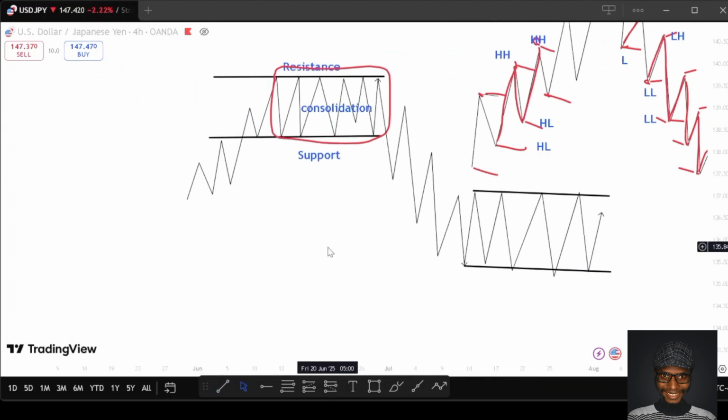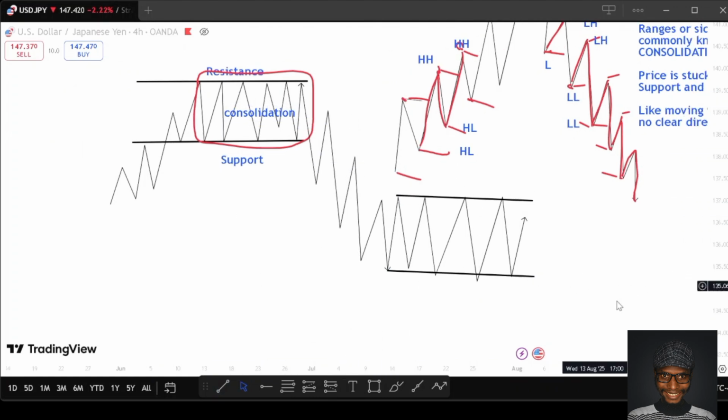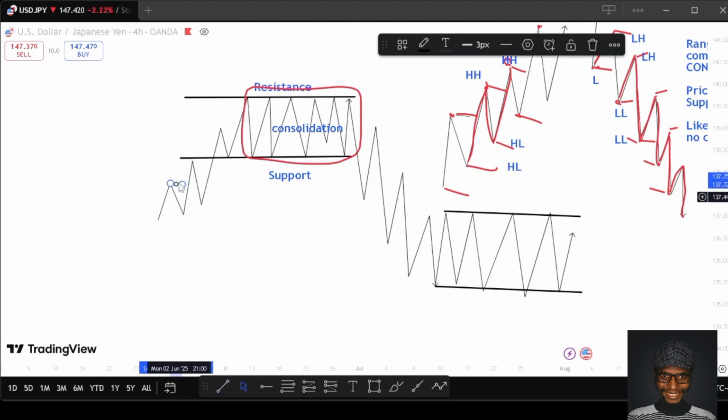This happens every time, but not just clean like this. Remember what I told you. For us to know that price has already given us another higher high, it has to break structure. That is what we call break of structure.